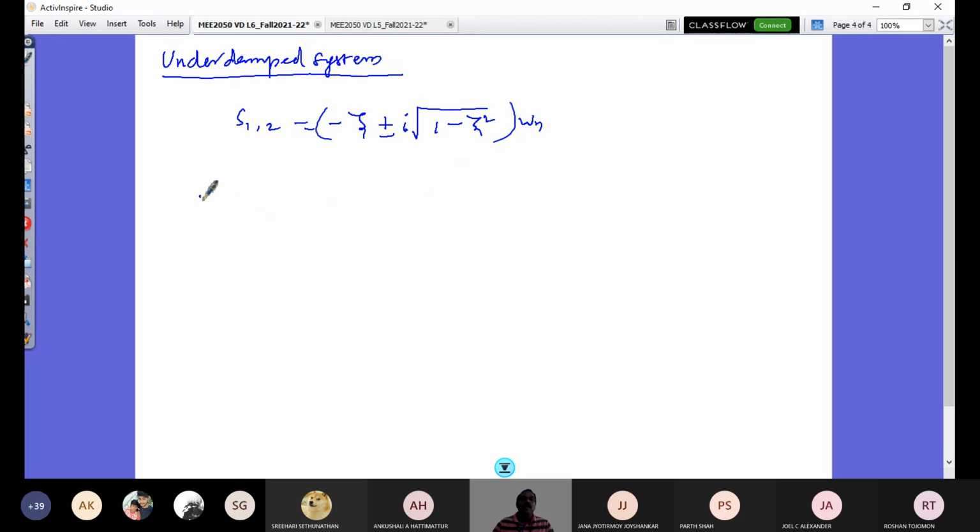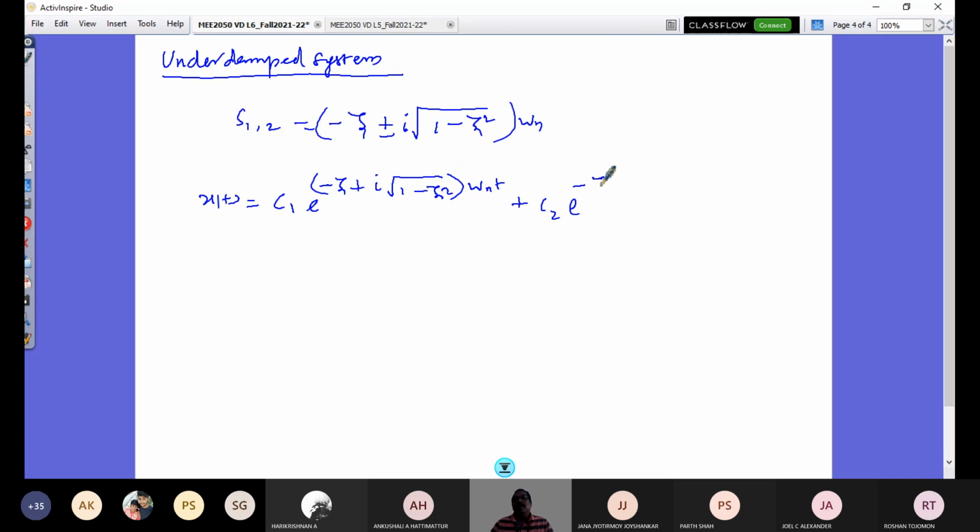So now my response x of t is going to be C1 e raised to S1t. That's minus zeta plus i into root of 1 minus zeta square into omega n t, plus C2 e raised to S2t.